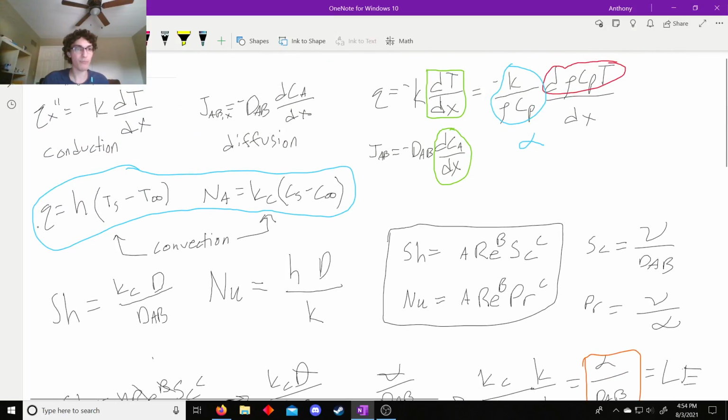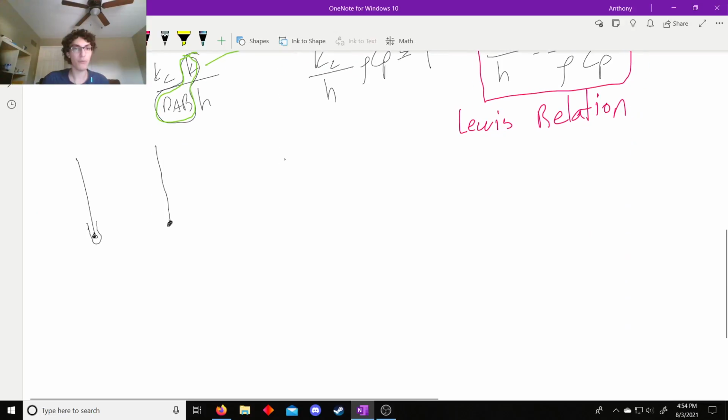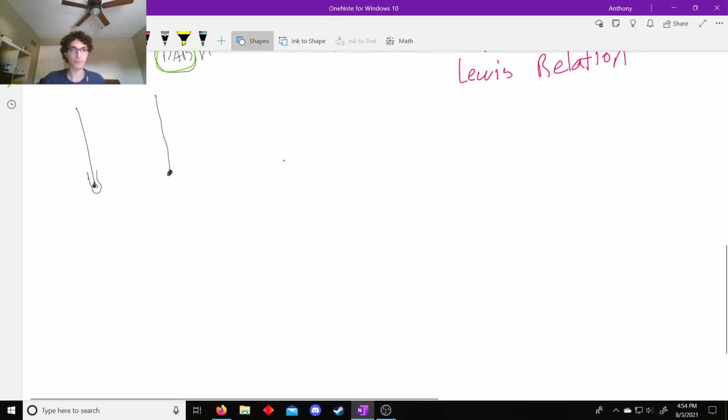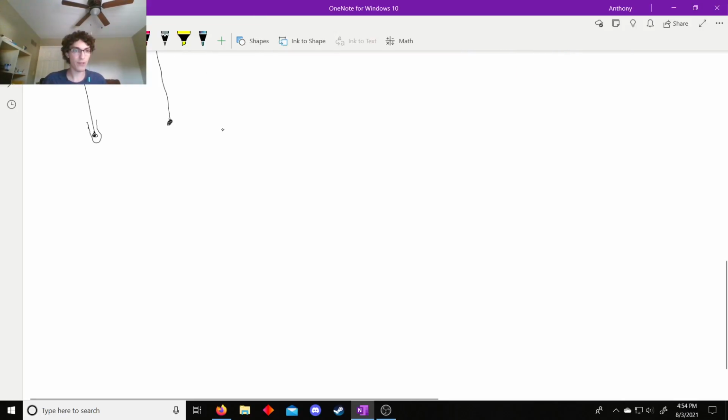So up here we have circled in blue these two equations for convective heat transfer and convective mass transfer. So what we're going to do is, first, what we'll have here is this. For mass transfer, we have a concentration of water vapor at the surface. And this is going to be our concentration of water vapor directly above the surface.